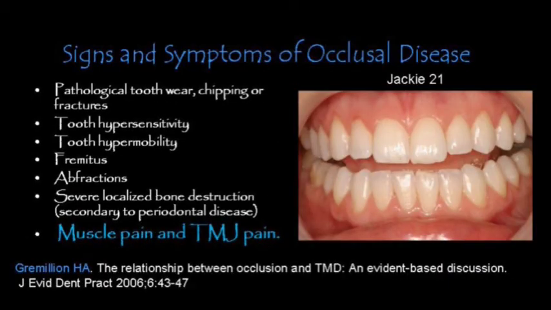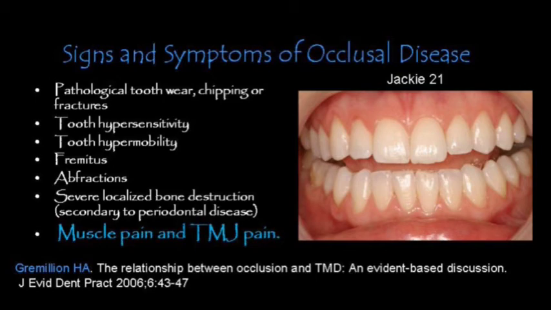Finally, the last symptom of occlusal disease is pain. And I have actually put it at the end because pain, although it's a very dramatic sign of occlusal disease, is not the only one as we can see so far. There are many signs of occlusal disease. They are very, very serious.